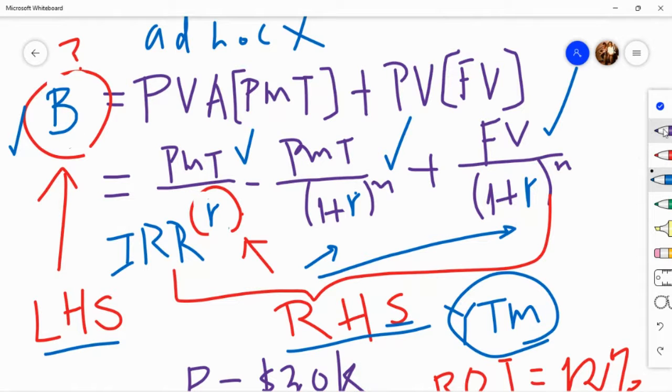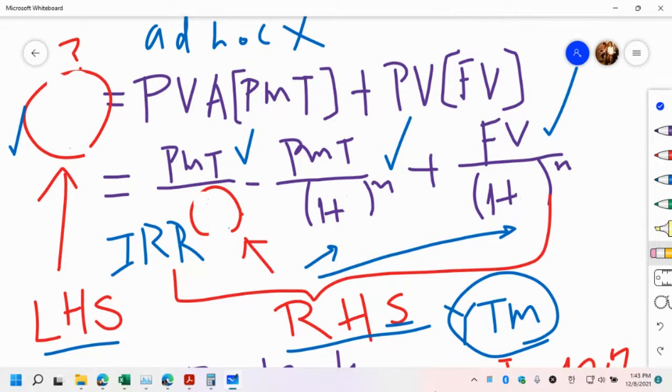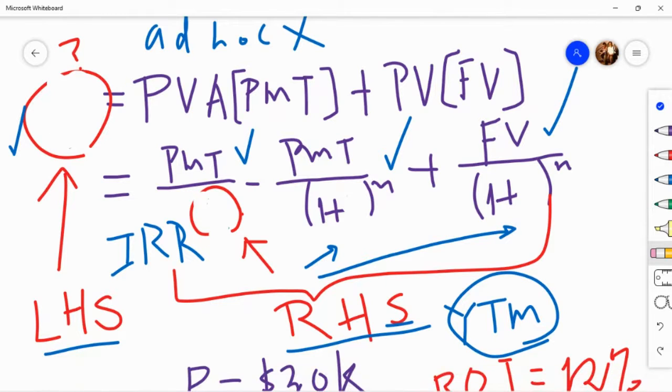But sometimes when you buy a bond or stock, right, then you will have to pay the market price. So this is the symbol I use for the market price.